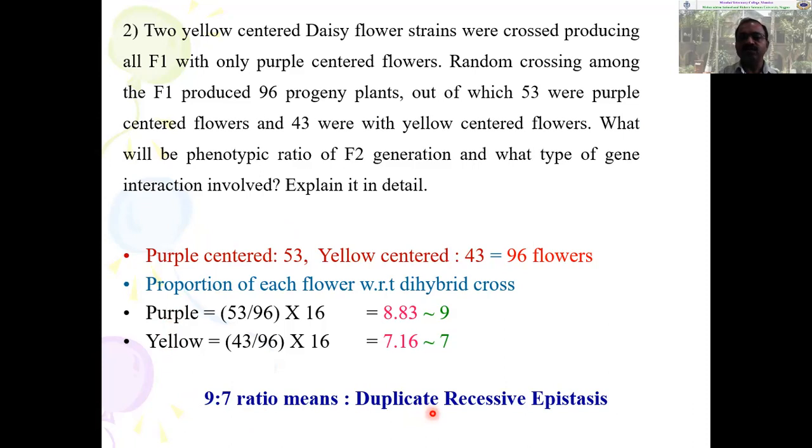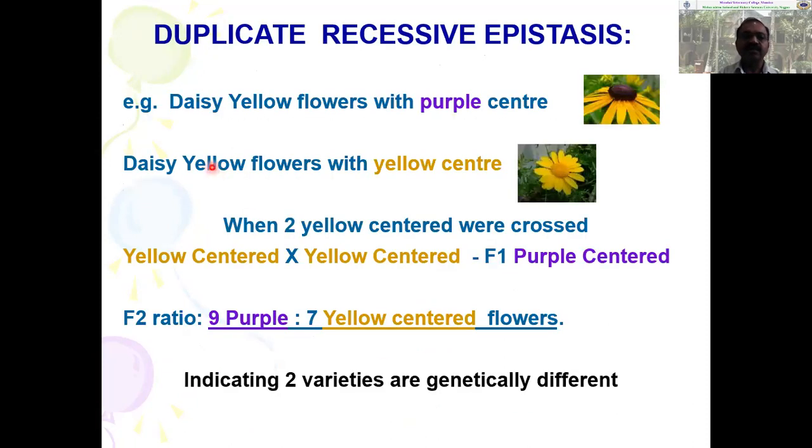Now we have to prove it with the help of a suitable example. I have given here a pictorial diagram of duplicate recessive epistasis. Here we have considered daisy flowers with yellow flowers with purple center. This is one example. Daisy flower with yellow center, yellow flower with yellow center, and yellow flower with purple center. These are two varieties.